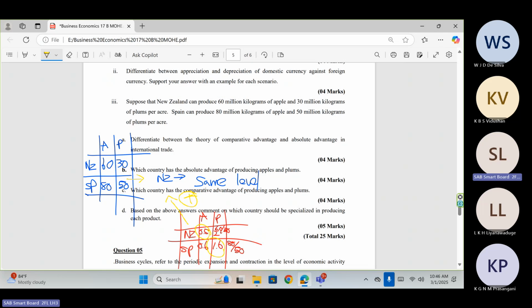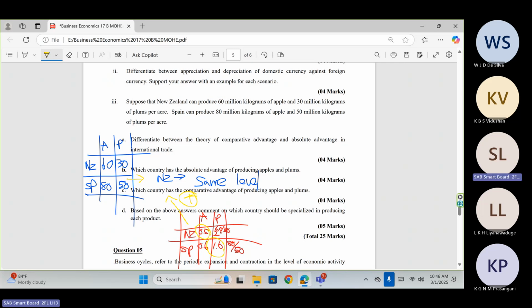Then how can you calculate the opportunity cost? You have to divide. You have the formula for calculating this, the opportunity cost of producing plums here.